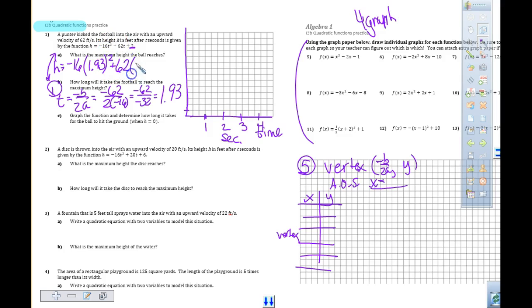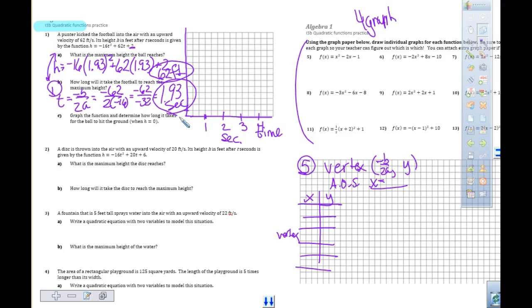Plus 62 times 1.93. Okay. Plus 2. Put that whole thing in your calculator. Do that now. What'd you get? 62.0616. So 62 feet, could we go with? And 1.93 seconds. Okay. So that is the top of where my football hit.